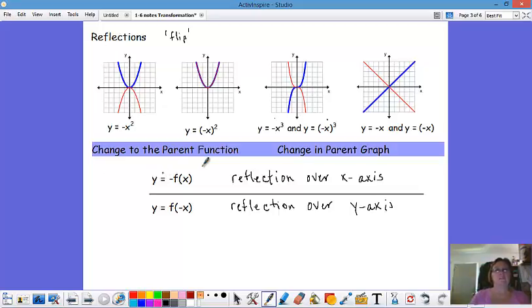Our top rule here says do the opposite of the function. The bottom one, on the other hand, says do the function to the opposite of x, and you get very different results. Do the function to the opposite of x.